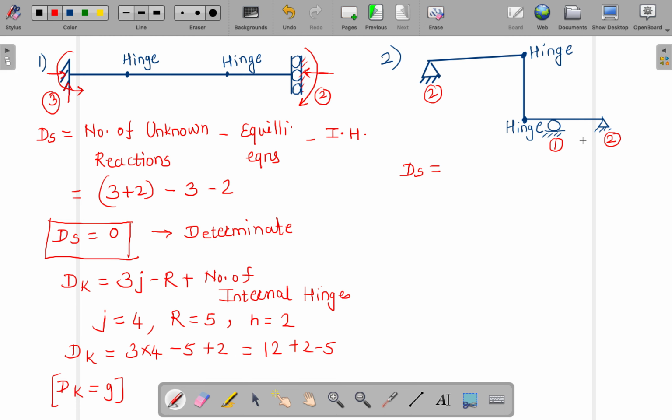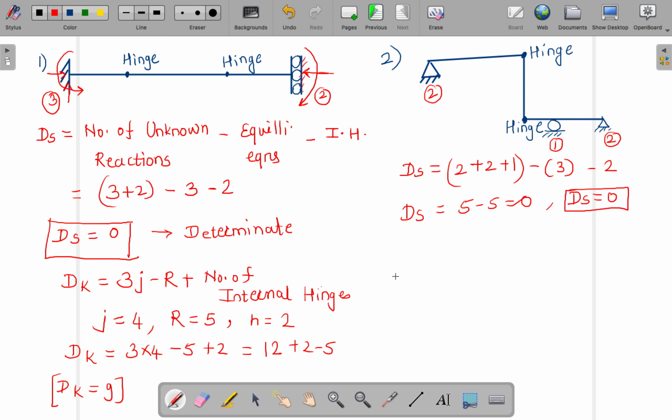So number of unknown reactions are 2 plus 2 plus 1, that is 5, minus available equilibrium equations which are 3, minus internal hinges. There are two internal hinges. So 5 minus 5. Again it is a determinate structure. Degree of static indeterminacy is 0.